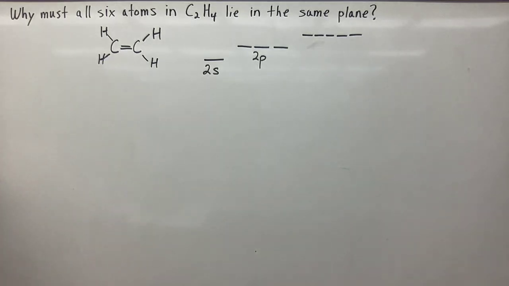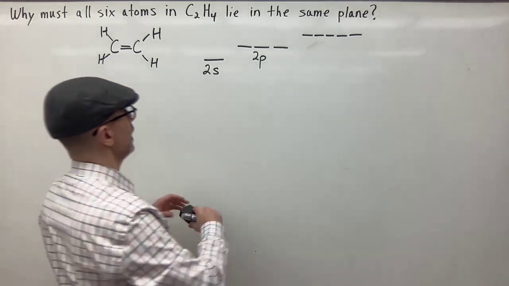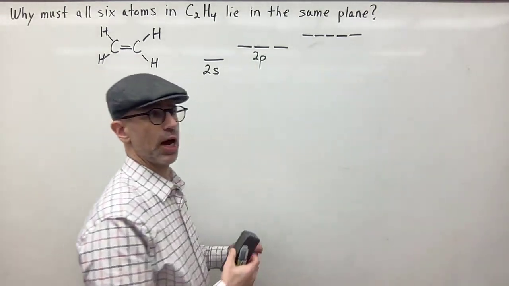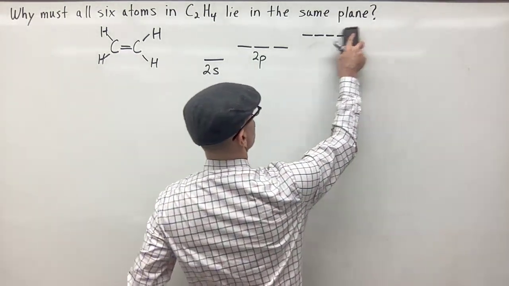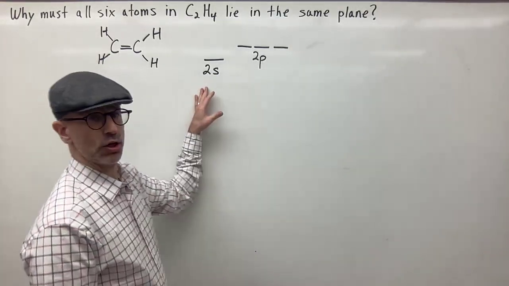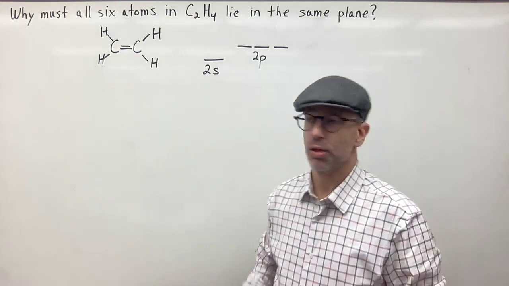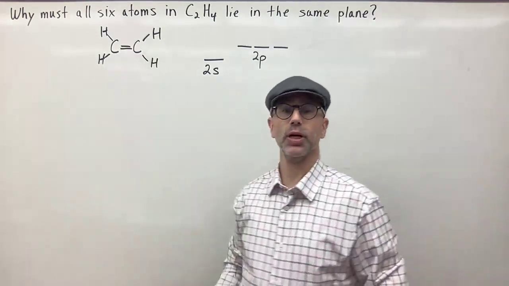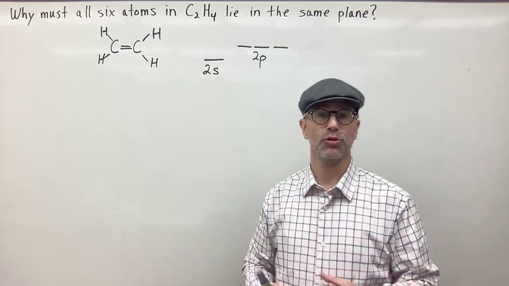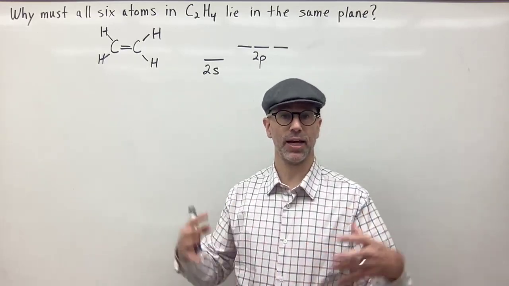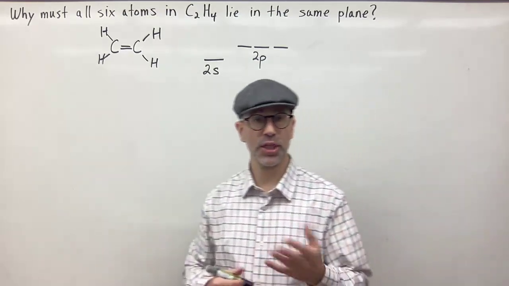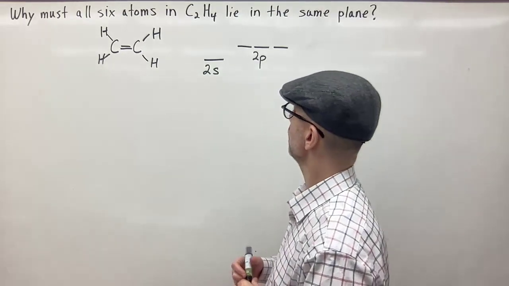If you have d orbitals, they would be there for the 3s and the 3p, but we're not going to have that for carbon. Since we have three electron groups, we're going to need three hybridized orbitals so that those electrons can be involved in bonding according to valence bond theory.